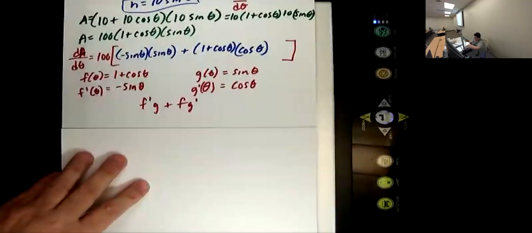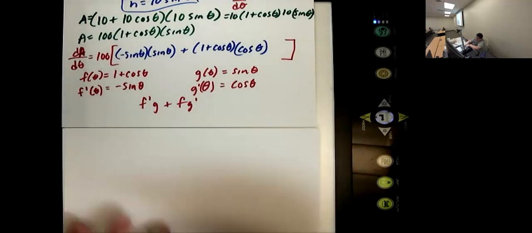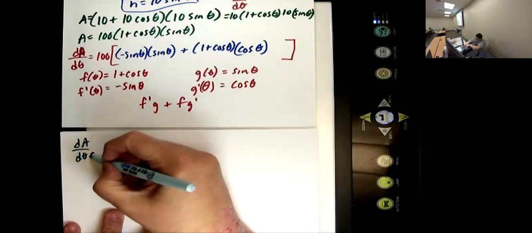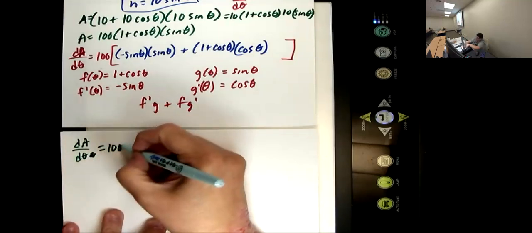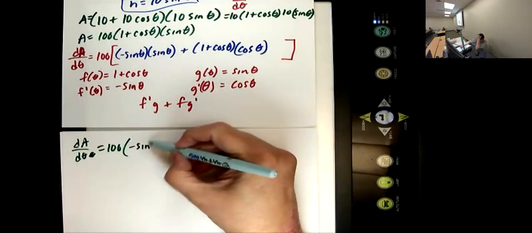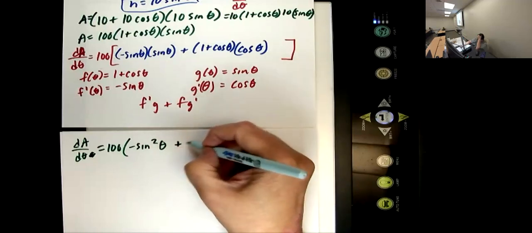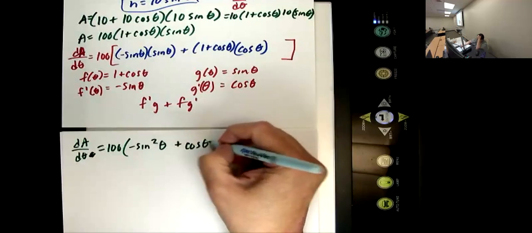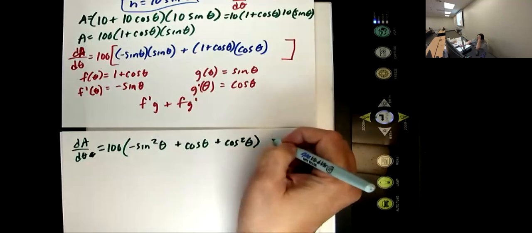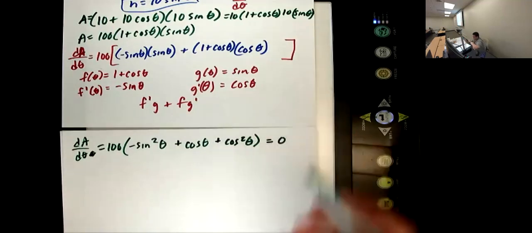And we want to set that equal to 0. I've got negative sine squared plus cosine theta plus cosine squared theta. I want that to equal 0.